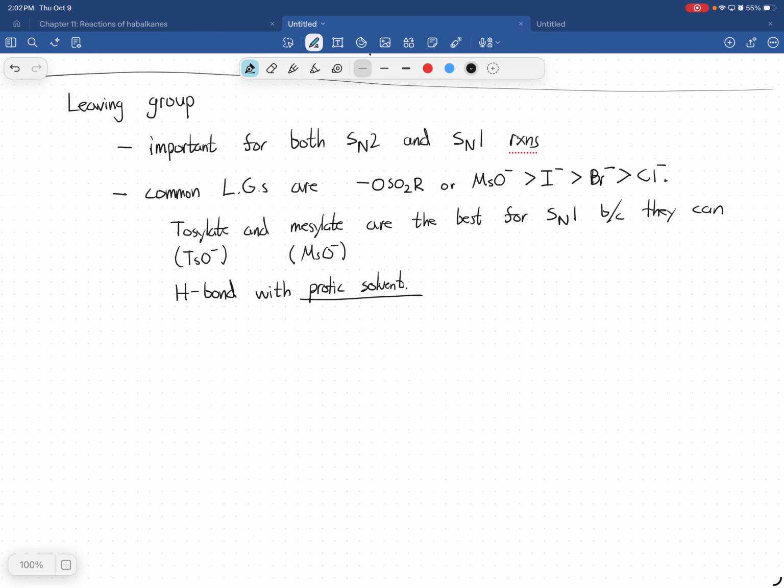Like this one has more already in the second, because this one's like CH2, and it's the fourth one, it's the fourth lowest.